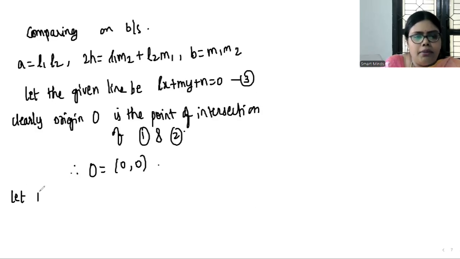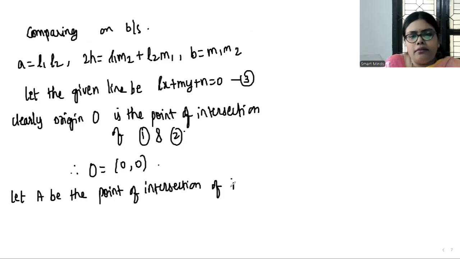So let A be the point of intersection of 1 and 3. Now we use the cross multiplication method.